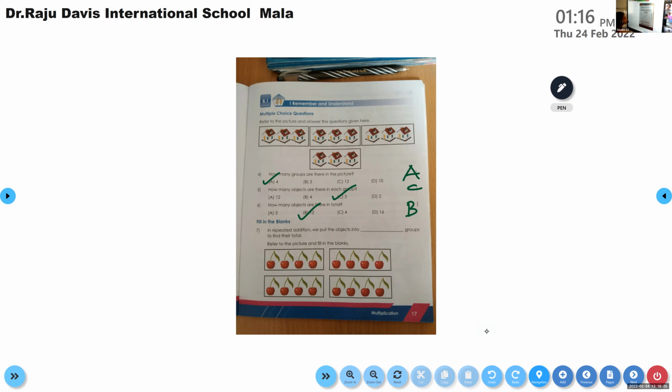In repeated addition, we put the objects into dash groups. No. We put the objects into equal groups. See, we put the number of objects equal. Each group having same number. So in repeated addition, we put the objects into equal groups to find their total.